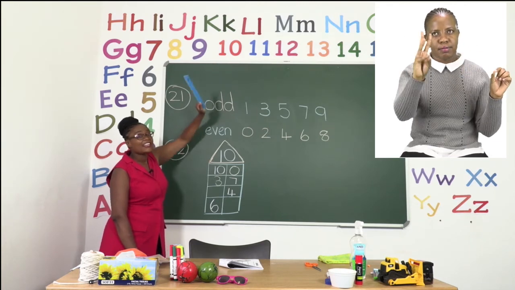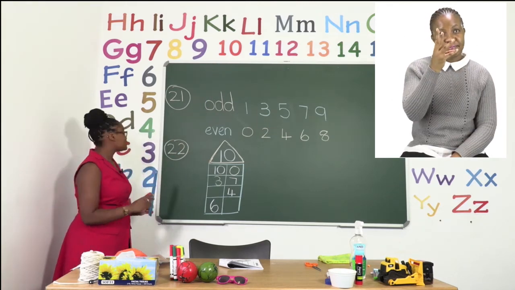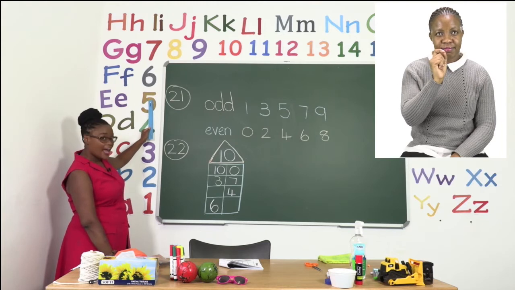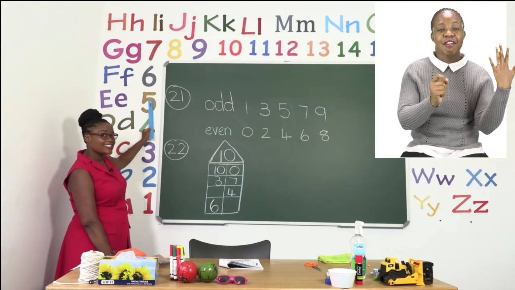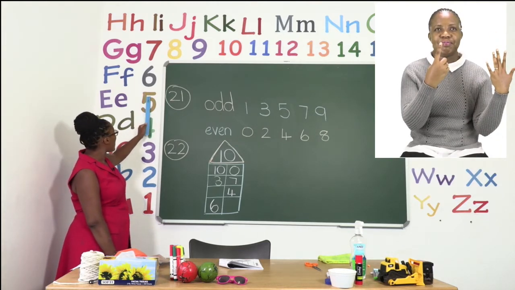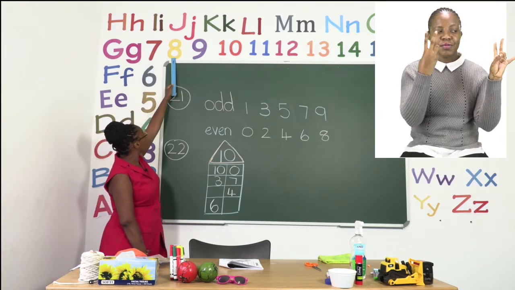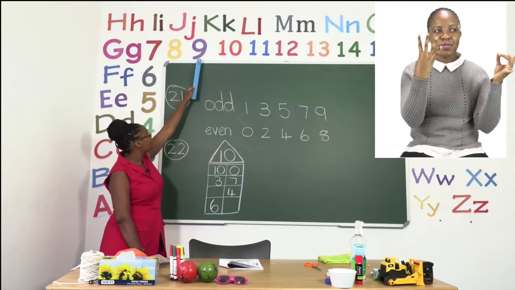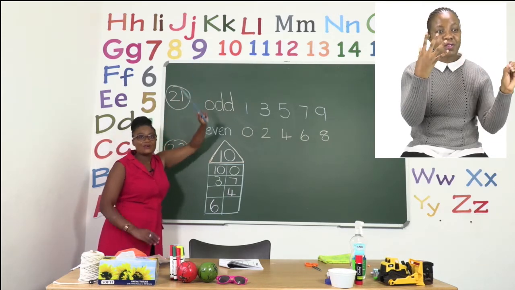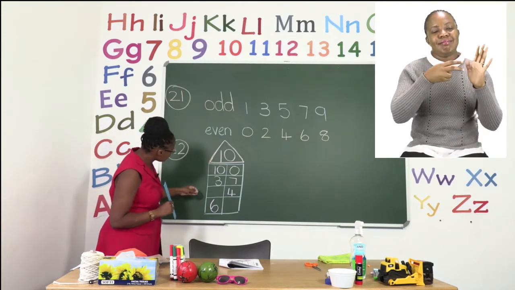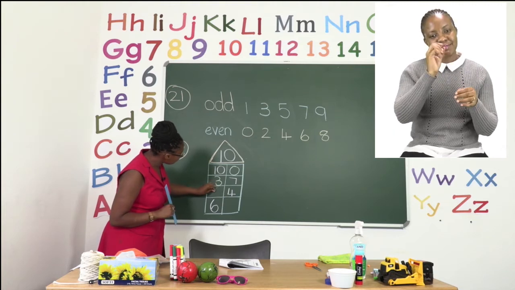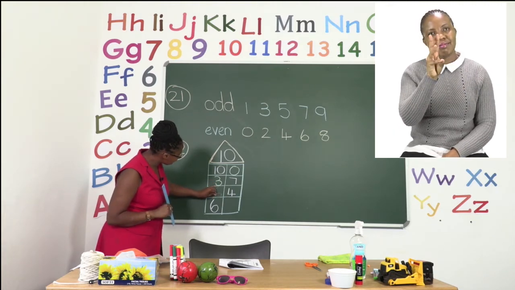Very good. Now I want you to try and start by saying 1 on the 5. Let's go. 1, 2, 3, 4, 5, 6. So our answer for this brick is 6.